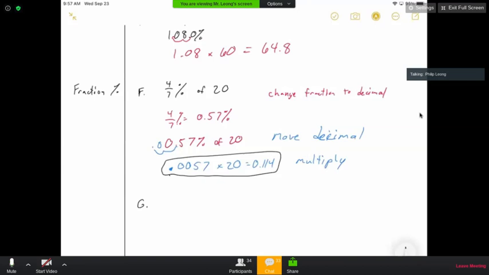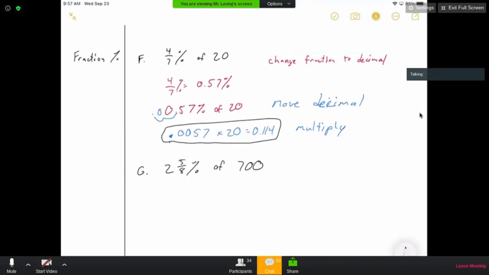Okay, check it out. What is 2 and 5/8% of 700? Again, you don't need to change the whole number. Just do the fraction part. So do 5 divided by 8. So 2 and 5/8 becomes 2.625.